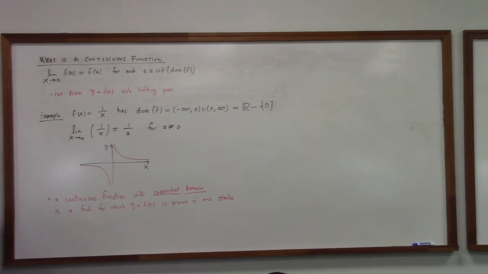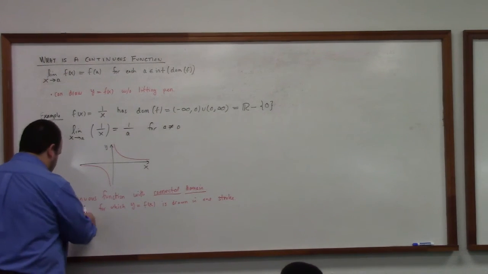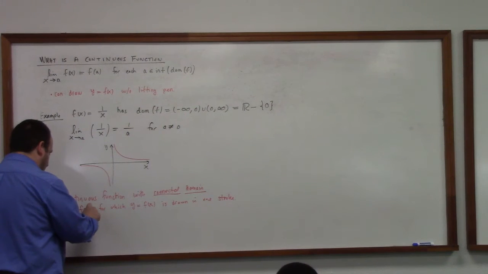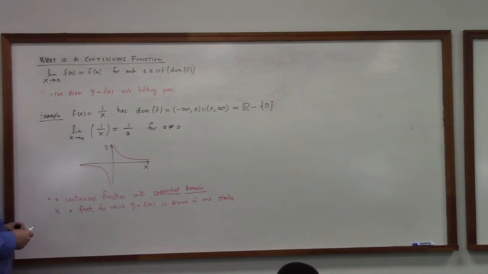A connected domain, what are the connected subsets of the real numbers? These are called intervals. And also just a set containing just one point is kind of a stupid example of a connected domain, but the connected domains of the real numbers are open intervals, closed intervals, half open, half closed, rays to infinity, rays to minus infinity. Oh, this is function, it's my abbreviation for function. So actually, this is kind of funny. What is a connected domain? A connected domain is one which you can draw on the number line without lifting your pen.